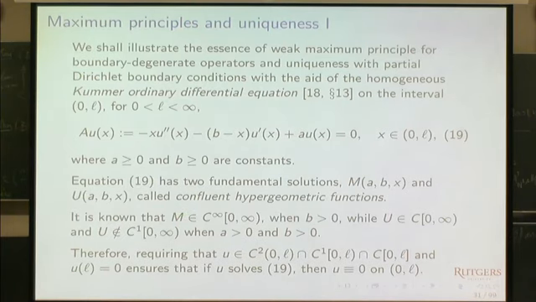M is smooth up to the endpoint x equals 0. The other function U, the Tricomi function, is continuous up to x equals 0, but it's not C1 or better. So that's the distinction between the behaviors. They have different asymptotic behaviors as x goes to infinity as well, but I'll ignore that since I'm looking at a finite interval. Yes?